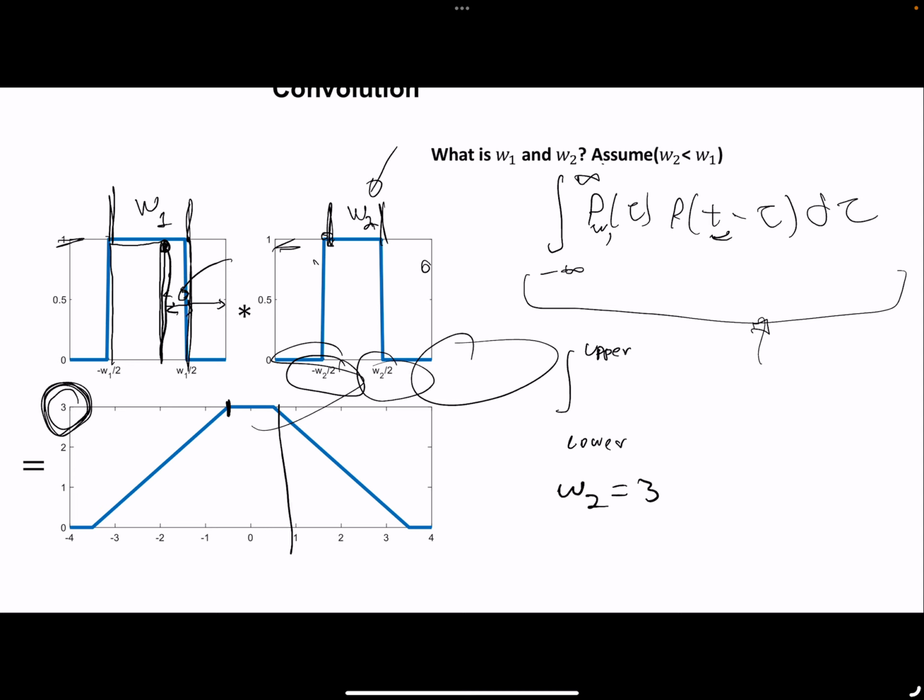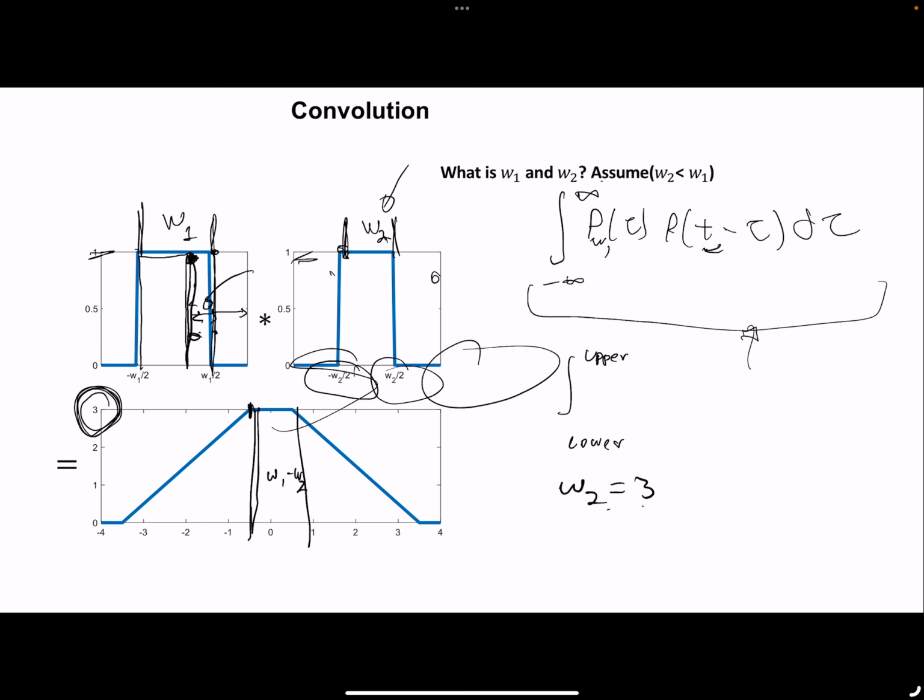So this distance from here to here is just W1 minus W2. So it's going to be flat for a duration of W1 minus W2. Since you know W2 and you know how long they overlap, which is for a duration of, is it 1? I think it's 1. Okay, so you know that W1 minus W2 equals 1, which gives you that W1 equals 4.